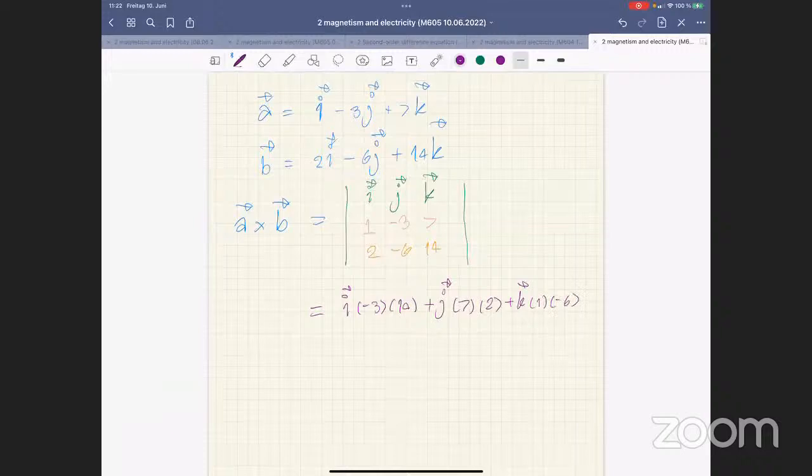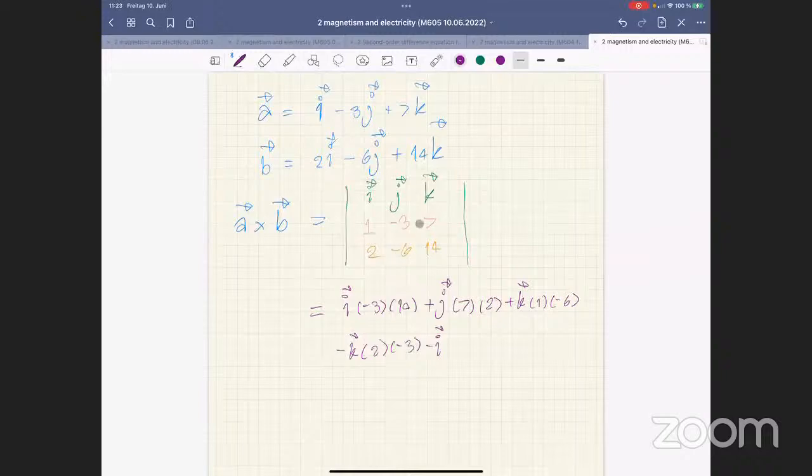And you get minus vector k times 2 times minus 3 and unit vector i. Please note that if you go upright, it's going to start with a negative sign.